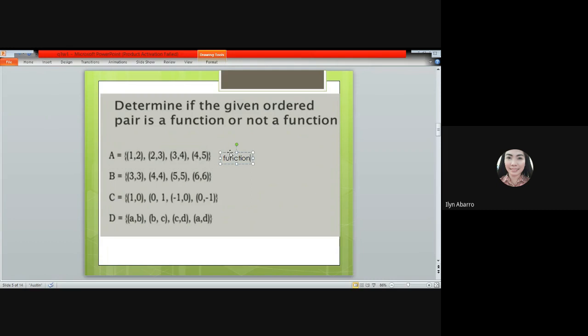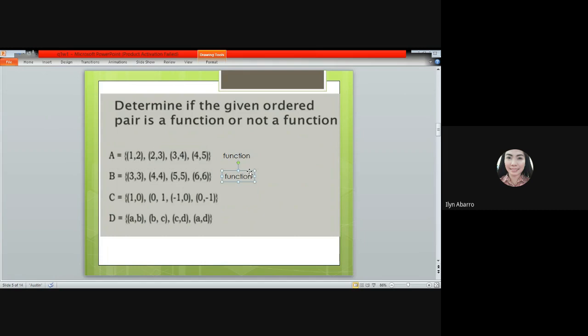Okay, next, letter B. Let us determine letter B. Set B is equal to (3, 3), (4, 4), (5, 5), (6, 6). Let us check the domain if there is any repetition. 3, 4, 5, 6. There is no repetition, so this is already a function. In the range, it is okay if there are repeated values, just not in the domain or the x value.